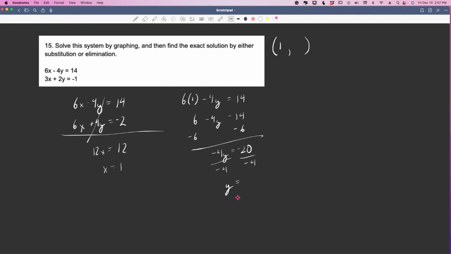Y is equal to 5. I don't think that's right. Let's look and see. That's not right. Let me see, what did I do wrong? So x is 1.